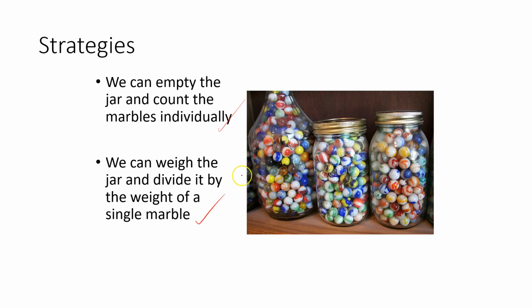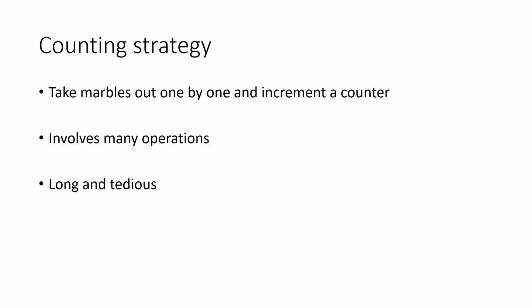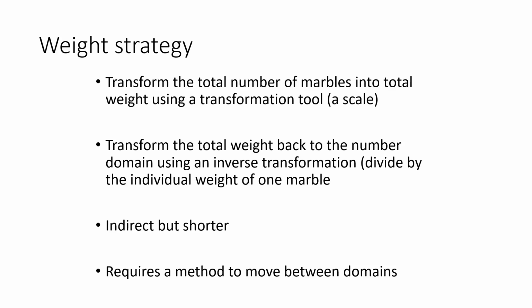That's 2 operations as opposed to thousands. So you'll see that the counting strategy is long and tedious. Although it might be simpler to do each one, it is much longer and more tedious if the problem becomes bigger. The weight strategy involves the use of transformation tools.